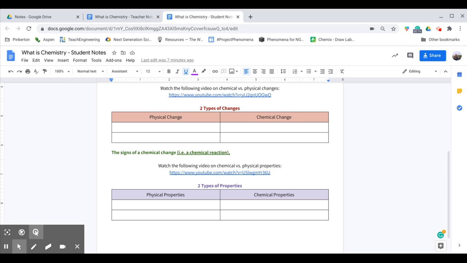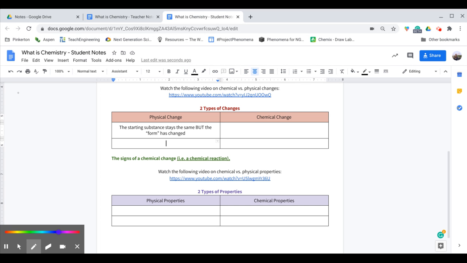So now matter can undergo two types of changes. So we have a physical change and a chemical change. So a physical change happens when the form of the substance changes, but the makeup stays the same. Okay, so your starting substance stays the same, but the form has changed.